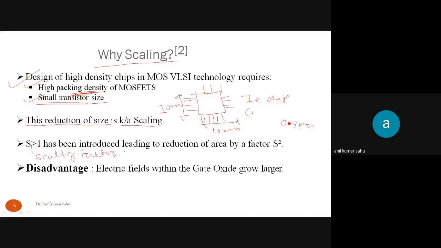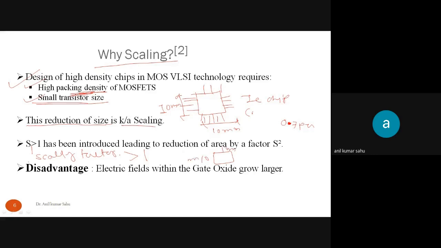If a scaling factor greater than 1 has been introduced, it will lead to a reduction of the area of a particular chip by the factor of S squared. Suppose initially the size is 10 mm by 10 mm.